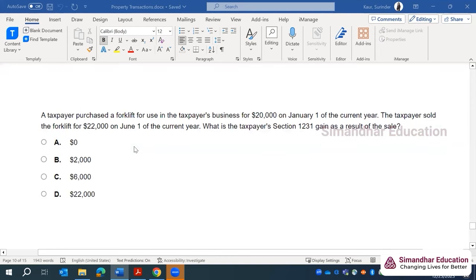Okay. Next question. A taxpayer purchased a forklift for use in the taxpayer business for $20,000 on January 1 of the current year. The taxpayer sold the forklift for $22,000 on, sorry, June 1st of the current year. What is taxpayer section 1231 gain as a result of the sale?